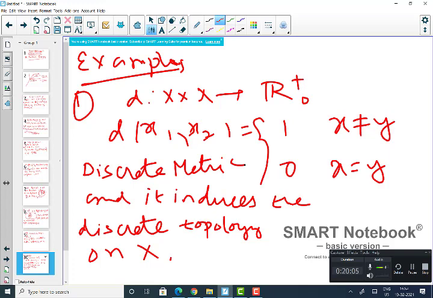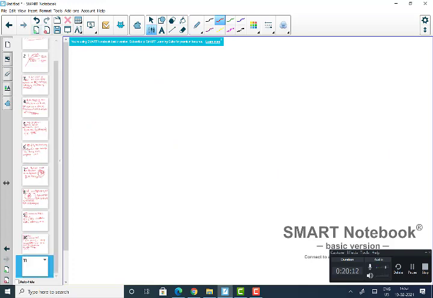Okay, and then obviously you can have another thing called the standard metric. So what is the standard metric on R?